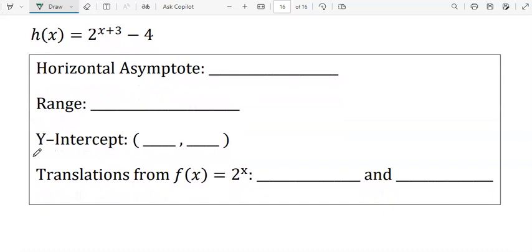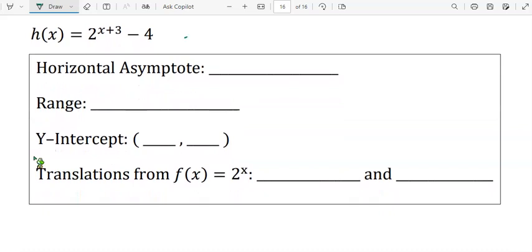Let's look at this exponential equation. It's also exponential growth, since 2 is bigger than 1 and x is positive.